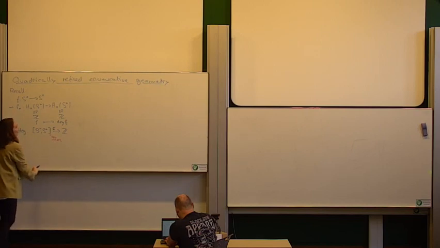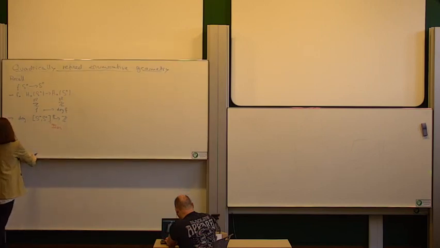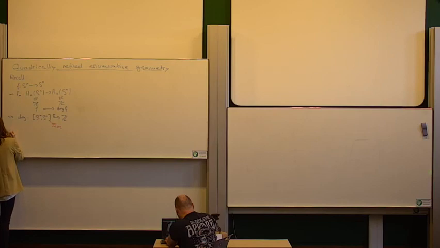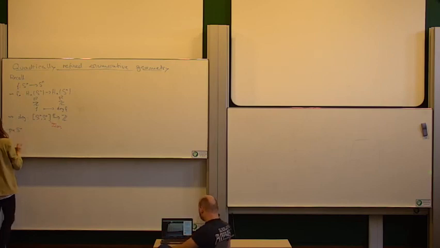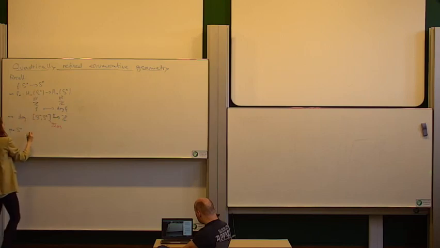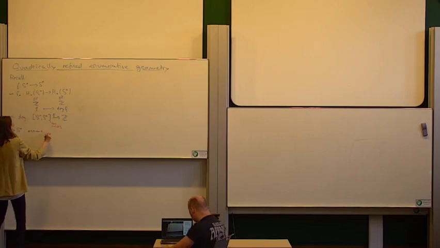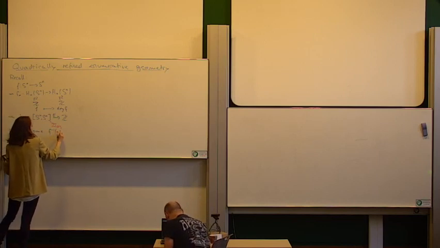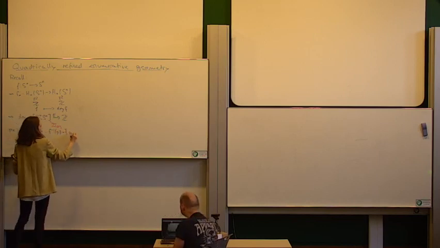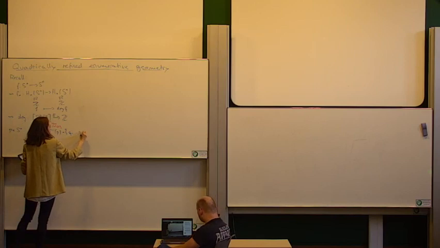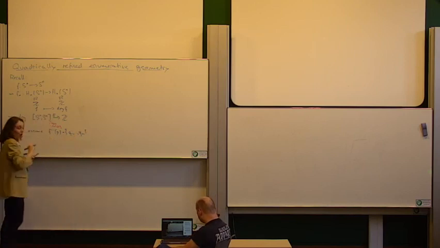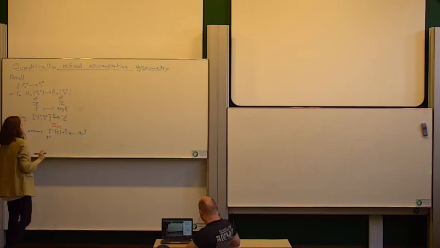So here's a way to compute this. Let's assume we have a point P in the target, and let's assume that the preimage of this point is finite, so I have finitely many points, which I want to call Q1 through Qm, and I take a Q in here.